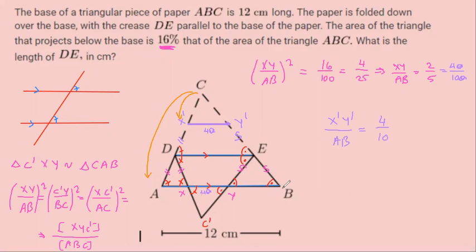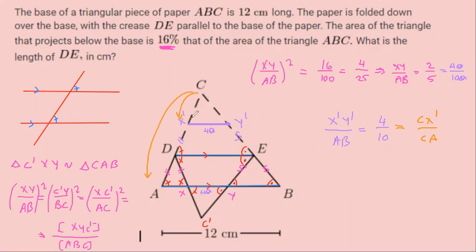So CX prime Y prime is similar to CAB. So the ratio of this segment to AB, which is 4 to 10, has to be equal to CX prime over CA.